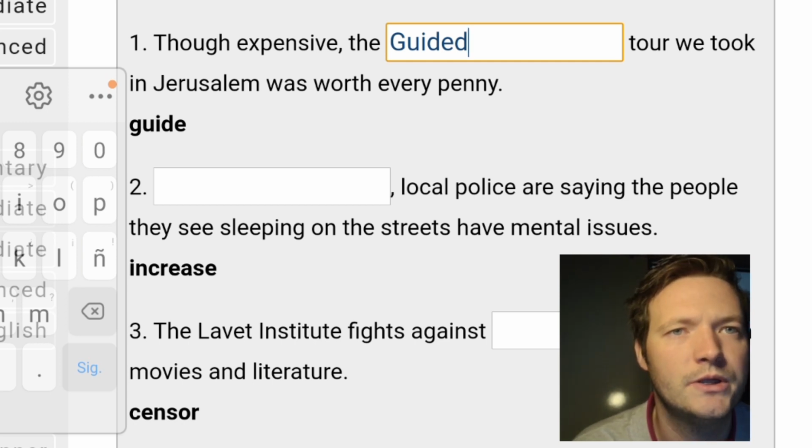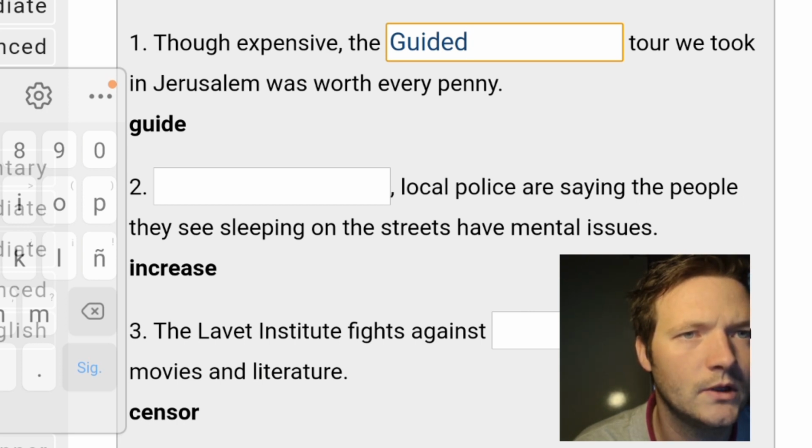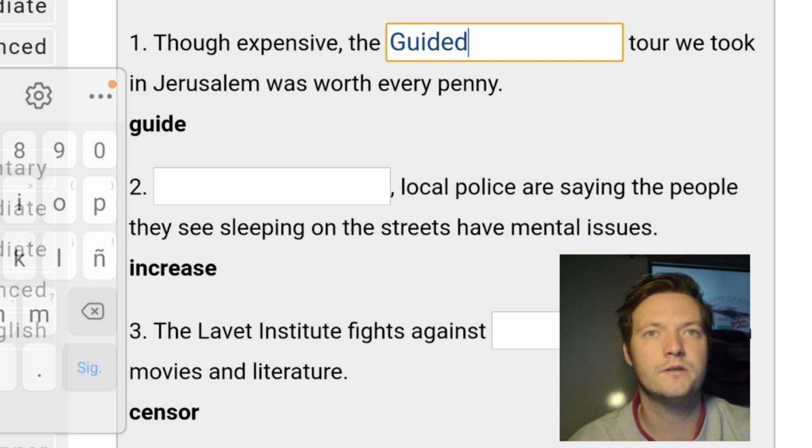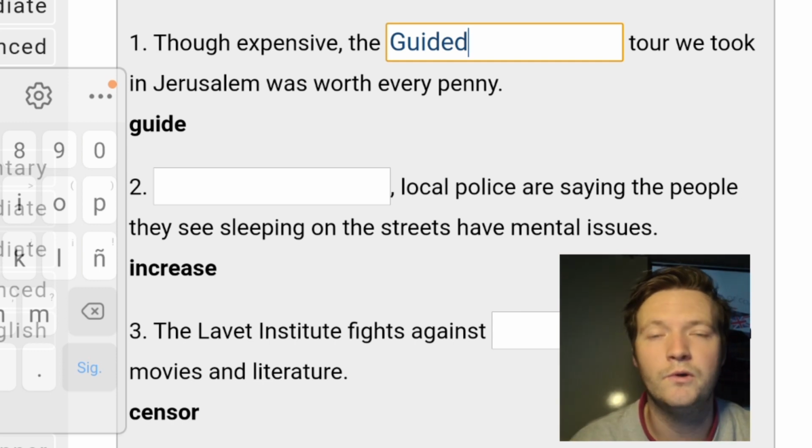Okay. Number 2, increase. Local police are saying that the people they see sleeping on the streets have mental issues. So what we're saying here is as time goes by, this is happening more.